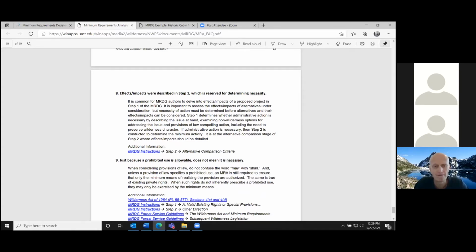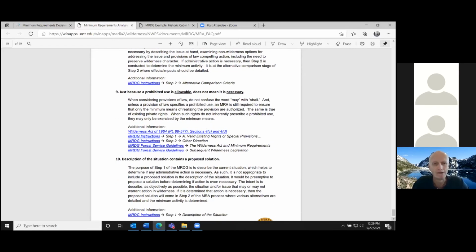All right. Number 9 there. Trying to find my cursor. There we go. Just because a prohibited use is allowable doesn't mean it's not necessary. So that's where we want to really look at our enabling legislation. There's a big difference between shall and may.